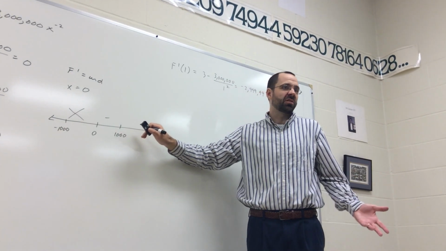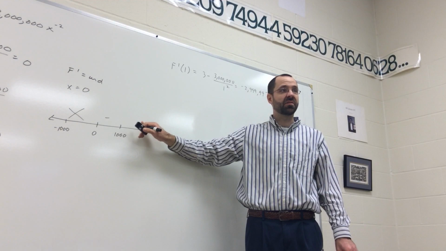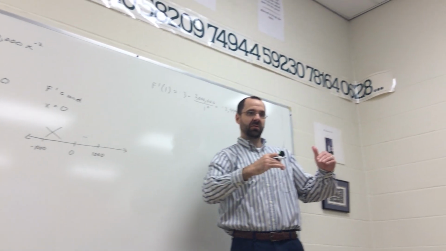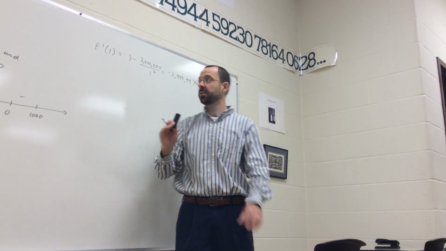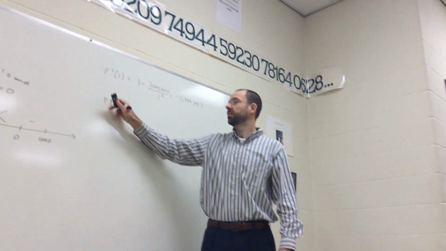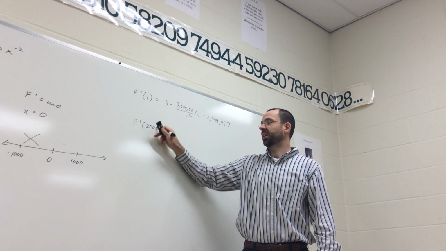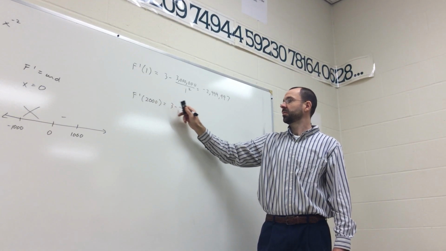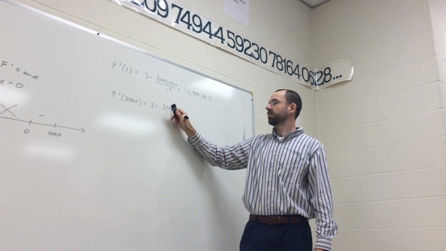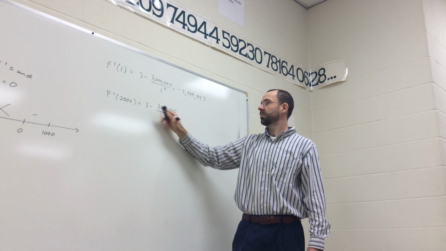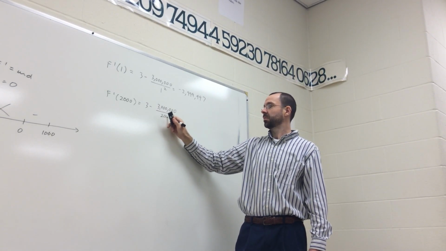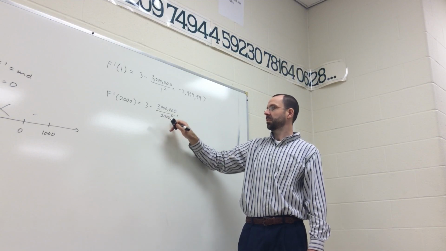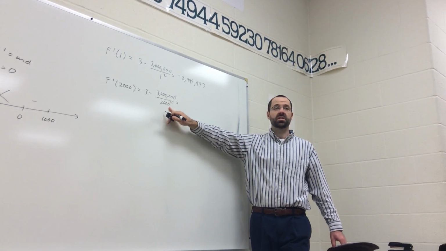Then I strongly suspect that the derivative is going to be positive past 1,000, right? Because as long as it is, I have a going down and going up, so it's going to be a min. But I can't just assume that, so I plug in 2,000. Plugging 2,000 in for x.